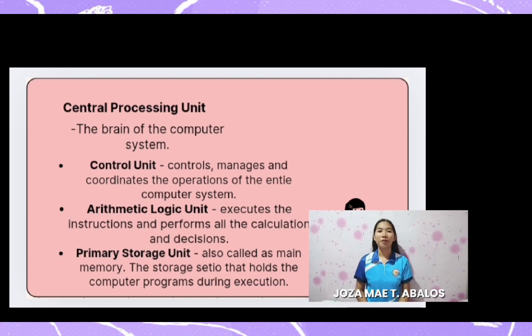The control unit fetches information from memory, decodes it, and sends signals to the other parts. The arithmetic logic unit performs all numerical operations in a computer, like addition and subtraction. The primary storage unit, also called main memory, stores data, programs, and instructions.